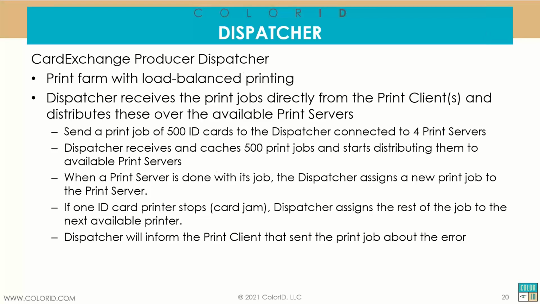If one card printer stops, usually a card jam or something like that, the dispatcher immediately notices it and assigns the rest of that job to the next available printer. And then the dispatcher will inform the print client that sent the print job about the error. So instead of the job ending up at printer number 4, you will find out back at your desktop that your job started on 4, but something happened and it finished on 3. So you have a record of what happened there.